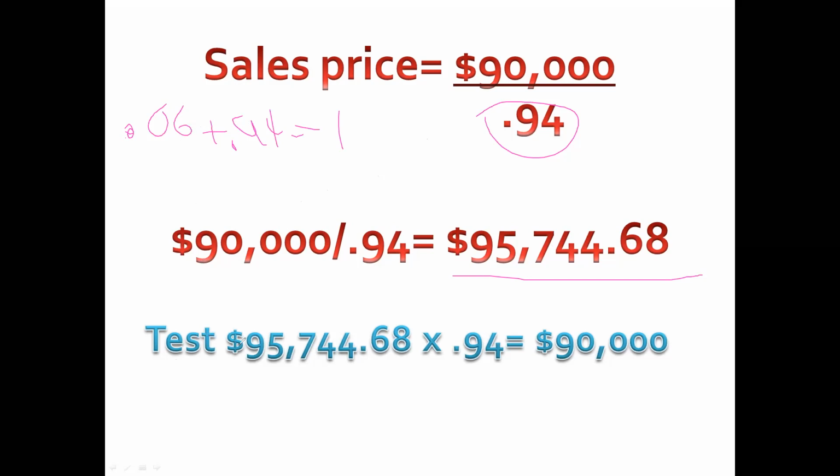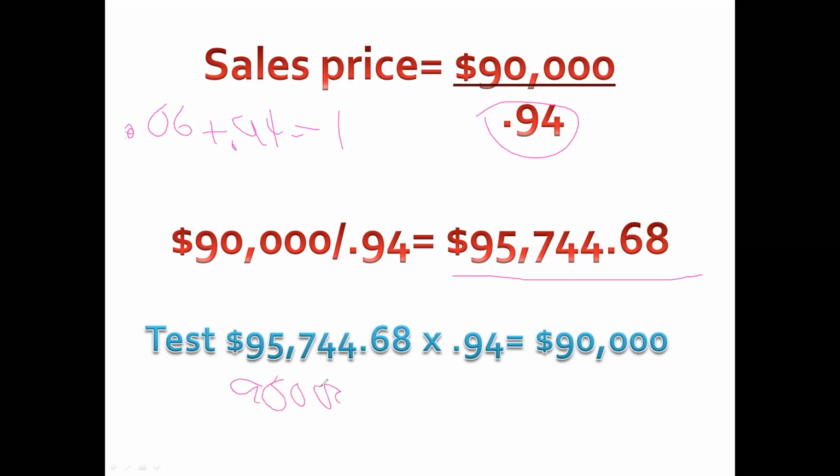But the easier way to do it, because you're not going to remember that easy either, is to take each of the multiple choice answers and remove the commission and see how much the seller gets. So let's assume the first answer was 95,000.